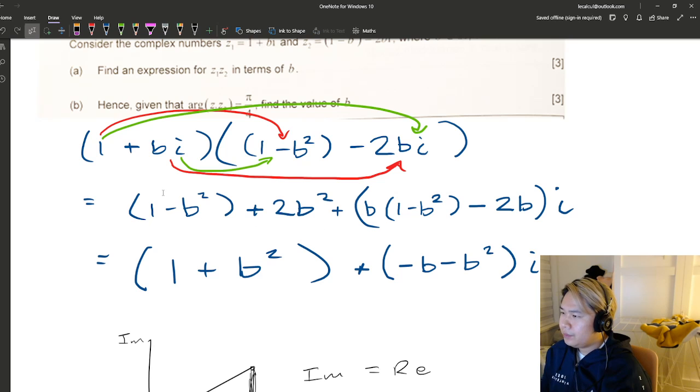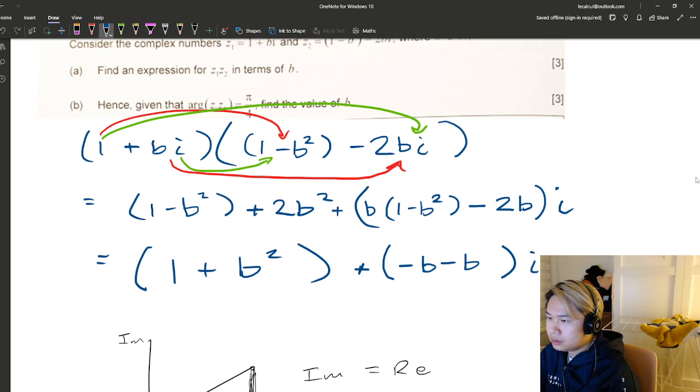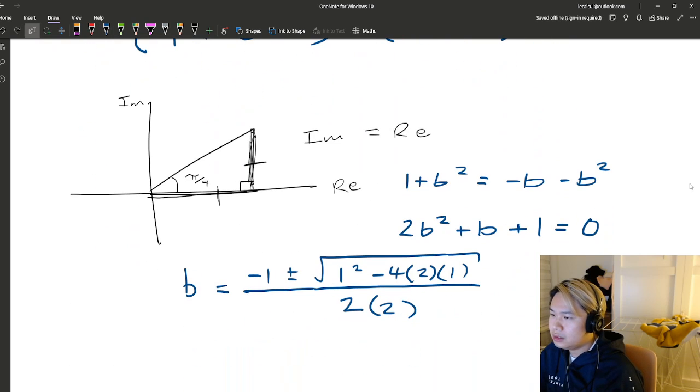Okay. Negative b plus 2b squared is positive b squared, and then you have a b minus 2b, so that's minus 1b. Oh, this should be cubed. So this is b cubed.